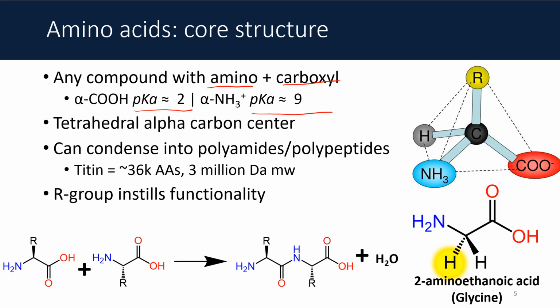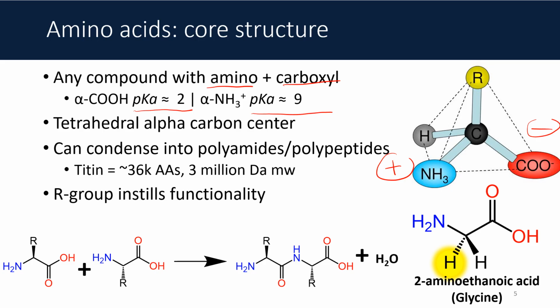This is important because it means at neutral or near neutral pH, such as physiological pH, they will both be charged. The amine group will be protonated and positively charged, and the carboxyl group deprotonated and negatively charged.